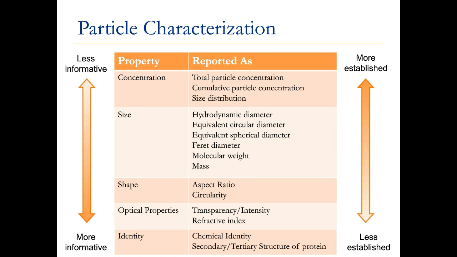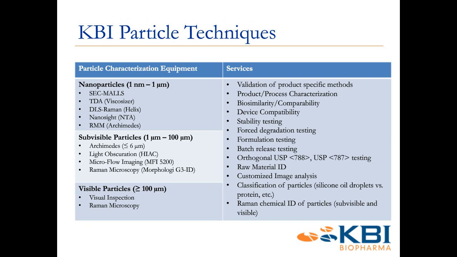As I mentioned, we are a particle characterization lab. That's what we focus a lot on, and we have a lot of tools available to get this information for products. From the nanoparticle range, we have techniques such as the SEC-MALS, where we're looking at the oligomers in solution, soluble oligomers.